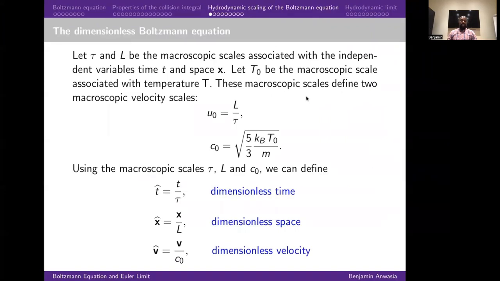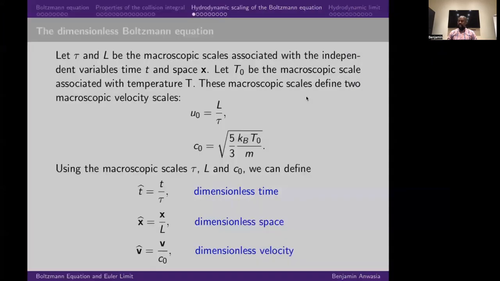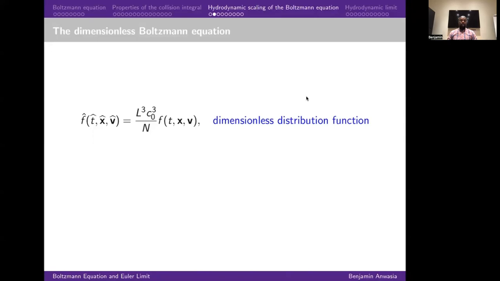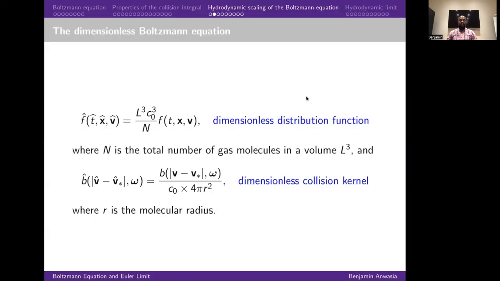The dimensionless velocity distribution function, f hat, which is equal to the following expression, where N is the number of molecules in a volume L cubed, and the dimensionless collision kernel, B hat, which is given by the following expression, where R is the molecular radius.